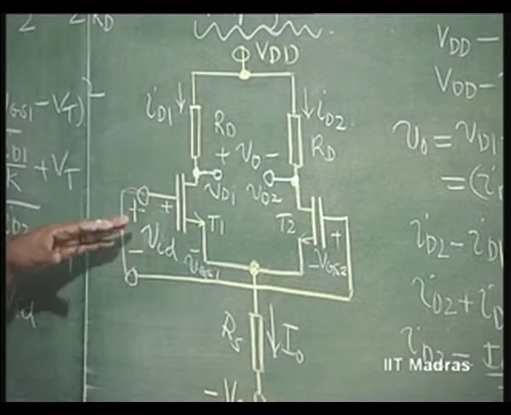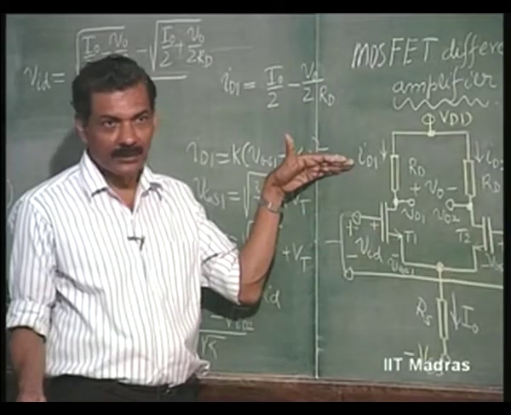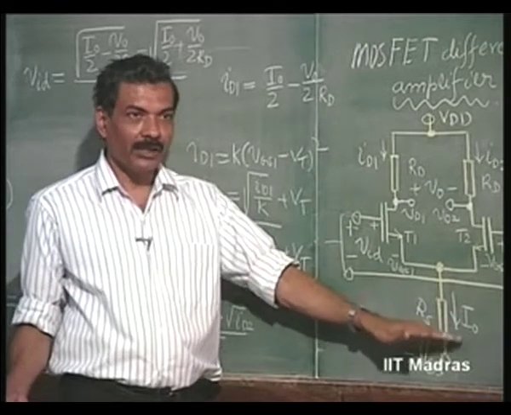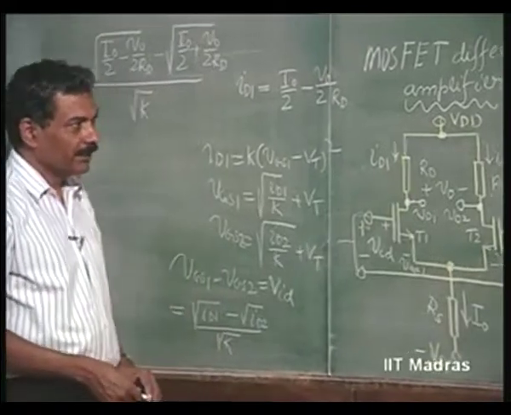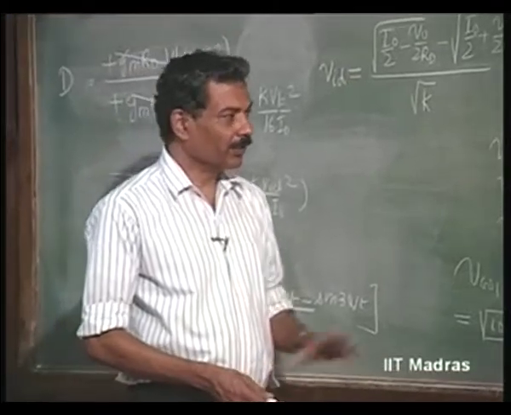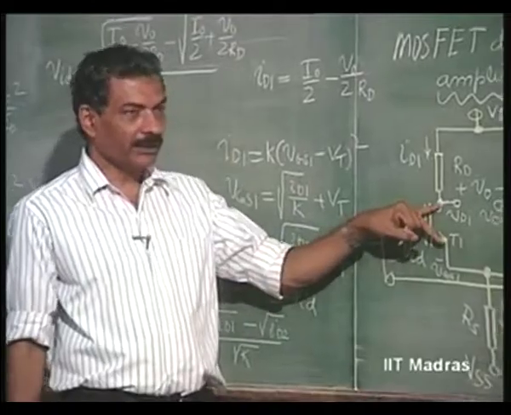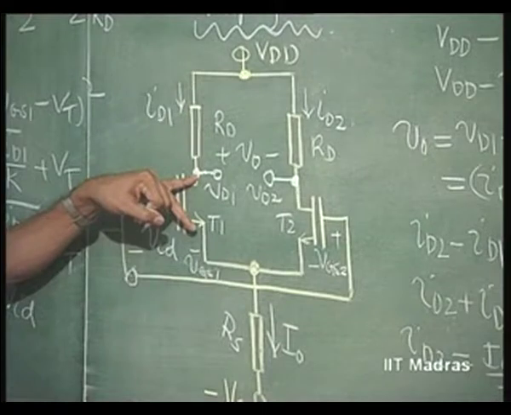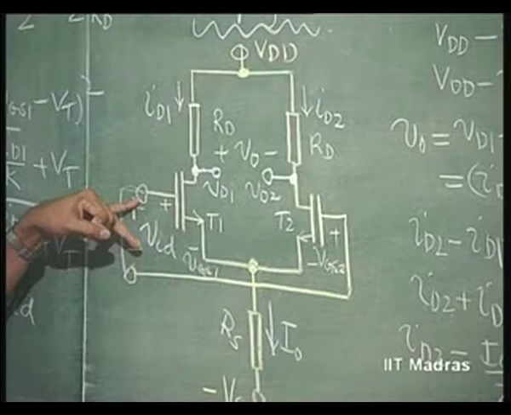So, that will be the upper limit on the common mode signal that you can apply to this differential amplifier. On the lower side, obviously it can go on until I naught becomes equal to 0. So, these are the signal limitations of the differential amplifier both for common mode and differential mode. When both of them are coexisting, obviously the minimum voltage here is likely to be VDD minus I naught into RD, and that will set up a limit on this.